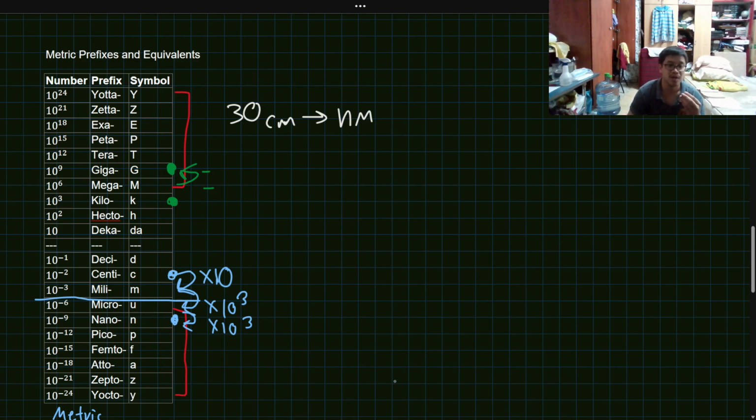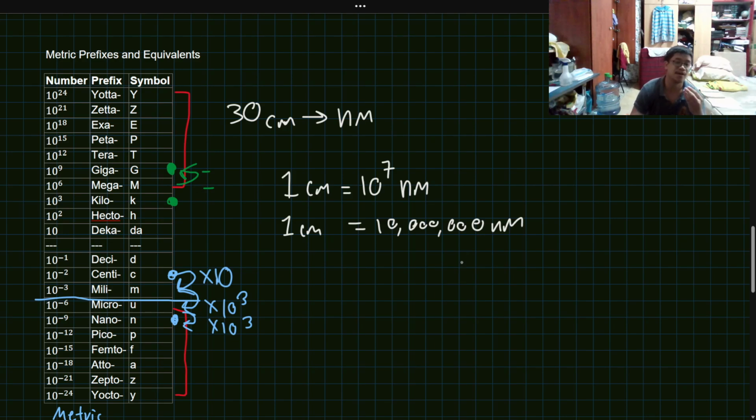Okay, so now we can say that 1 centimeter is equivalent to 10 times 10 cube times 10 cube. That would be 10 raised to 7 nanometer. Or this is just another way of saying 10 million nanometers.